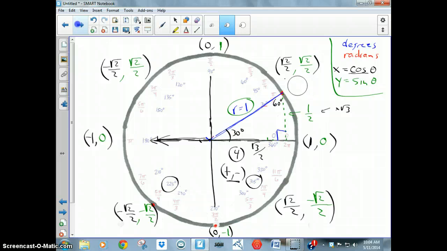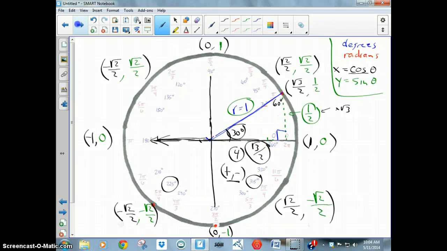I'm going to erase point P. The cosine of 30 degrees is the x value. Cosine is the x value. That would be square root of 3 over 2. Sine is the y value, which would be a half, or 0.5. There you go. Now, all angles that have 30-degree reference angles are going to be exactly the same.